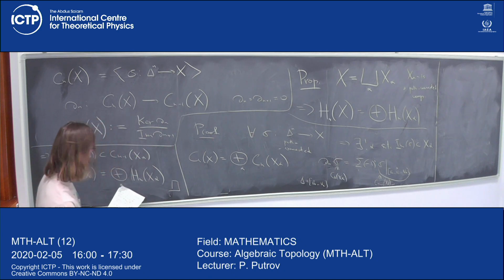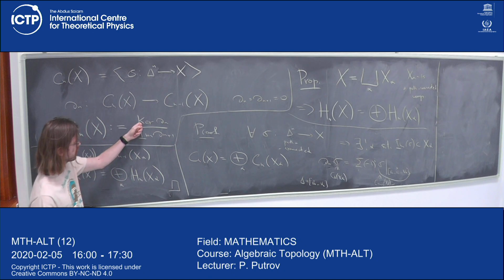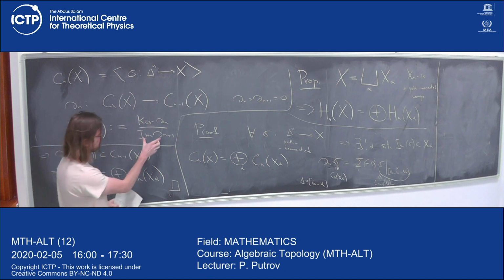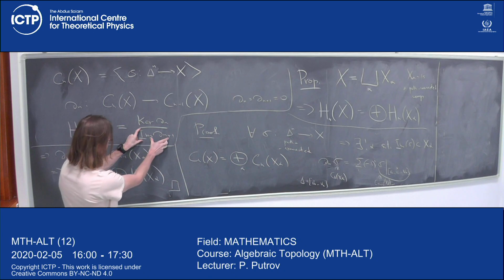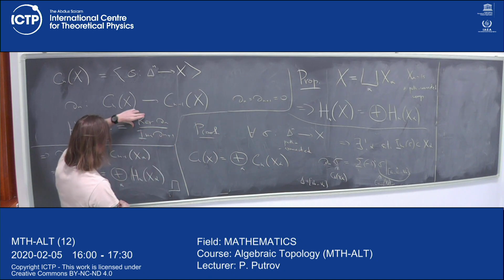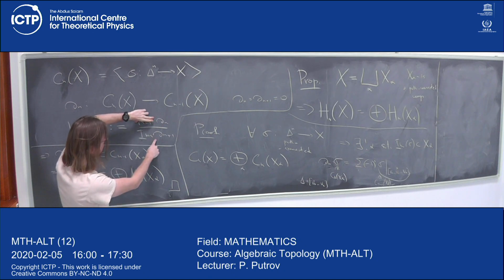And of course, the quotient defines an equivalence relation, so it can add elements of the image to elements of this subgroup.